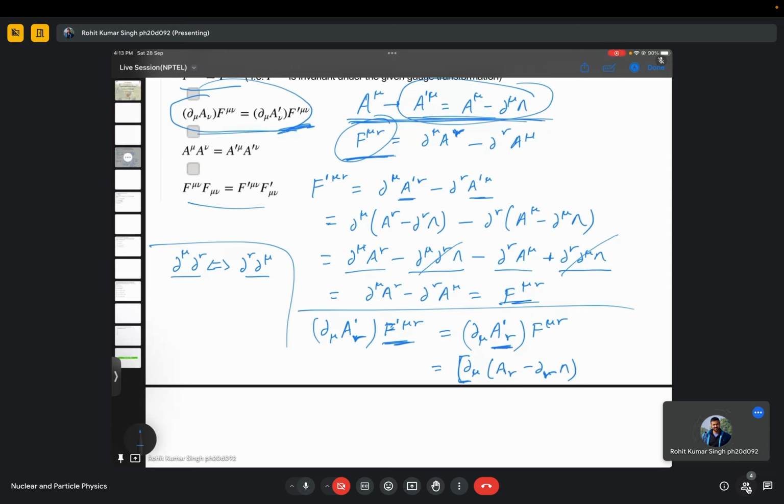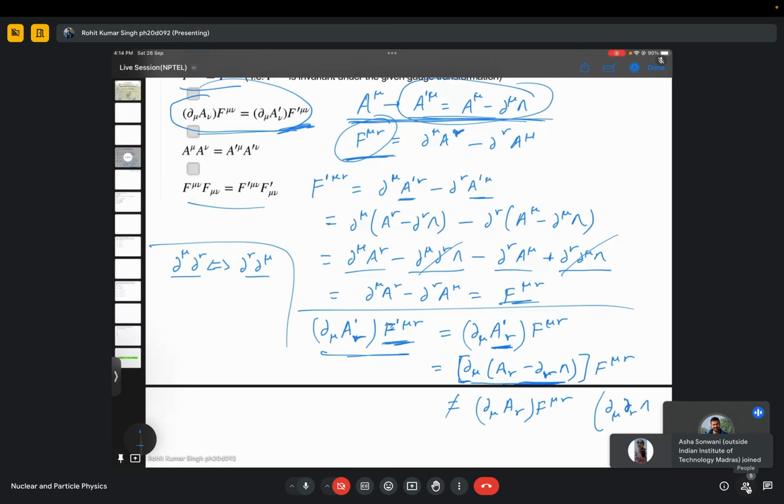So you see that there is no way to make it equal to this, because this term, del mu lambda, is always there.